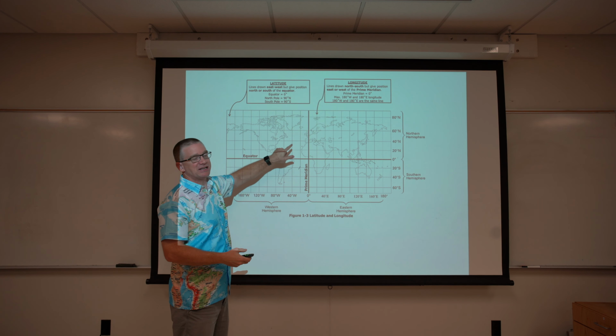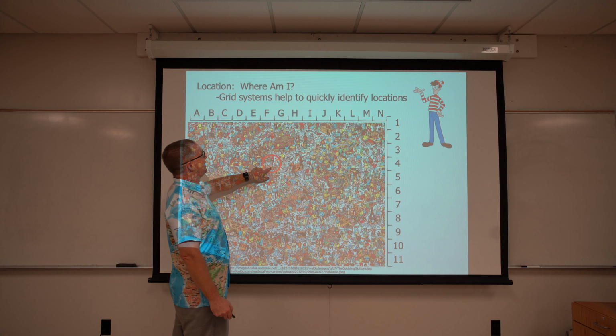So, for example, if you want to find out where you are in a grid system like this, like where's Waldo, if I find Waldo and I want to let you know where it is, it's awfully difficult to explain or try to show you where it is on this where's Waldo thing. But if I put a grid system in here, let's say I would use letters up here and I use these numbers on the side over here, and I find Waldo, there he is, I can say, hey, you know what?